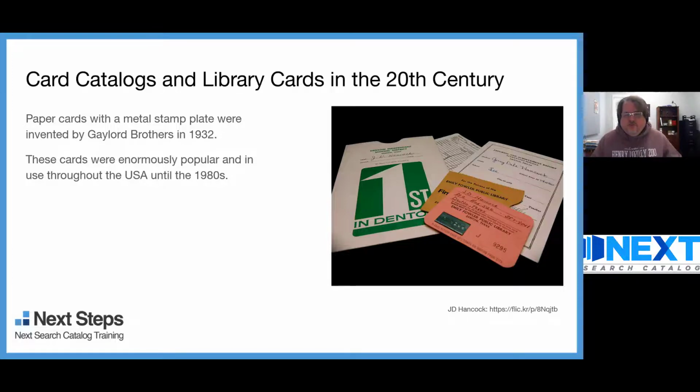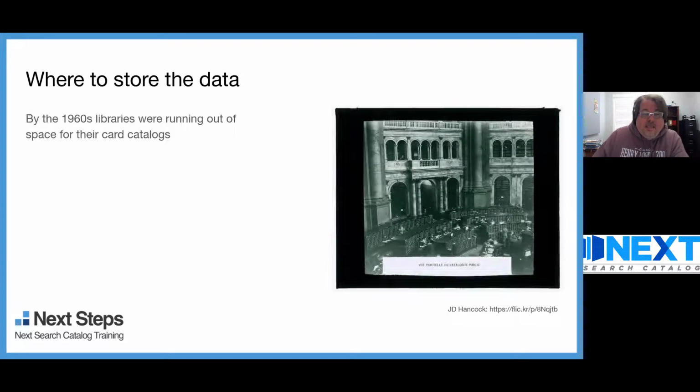So I grew up in Idaho Falls, which at the time was a town of about 30 to 35,000, and about 10,000 people had library cards. That meant that somewhere in the Idaho Falls Public Library, they were maintaining 10,000 pieces of paper that had contact information for their library card holders on it. A lot of paper, a lot of storage, and not, by our standards today, the most efficient way of storing data. And that becomes the issue.